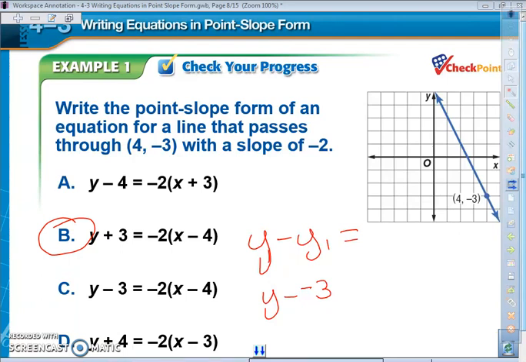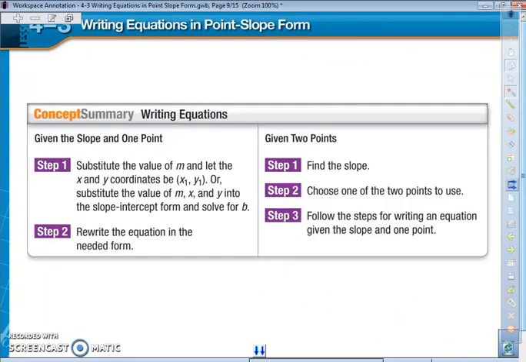All right, so here we go. We are going. Now, when do you use which one? Okay, if you're given the slope and 1 point, honestly, you could use the point-slope. Y minus y1 equals m times x minus x1.